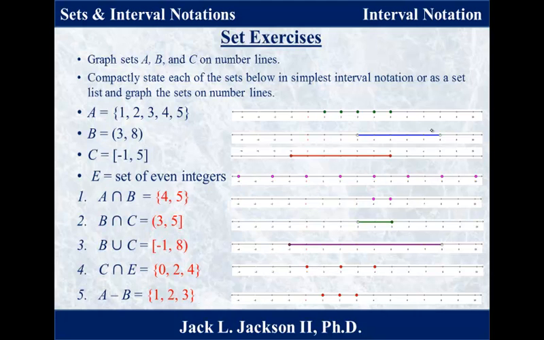Okay, we want to do the overlap or intersection of B and C. Now, let's see what we got here. Well, this part over here gets erased, and this part over here gets erased. What gets kept? Well, 3 does not get kept because it's not in the blue interval B, but it is our boundary. So there's an open dot at 3. We do, however, include this solid point at 5 because 5 is in both the blue and the green.